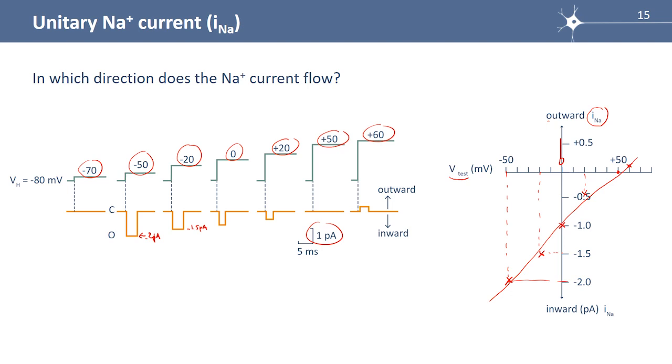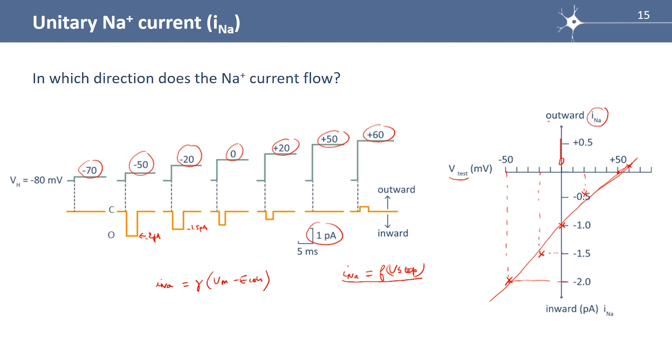It means that the current varies linearly with the membrane potential. If we want to write this equation with Ohm's law, you remember from chapter 1 that the unitary sodium current equals gamma, the conductance of the sodium channel, multiplied by the driving force across the membrane.